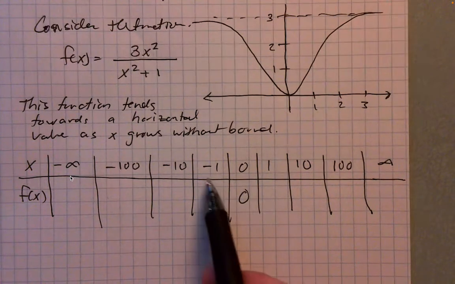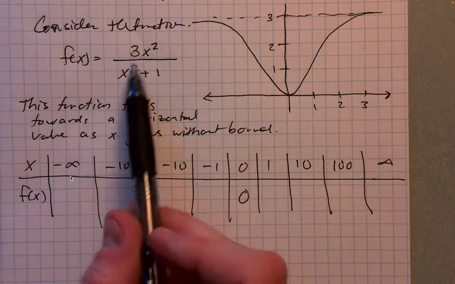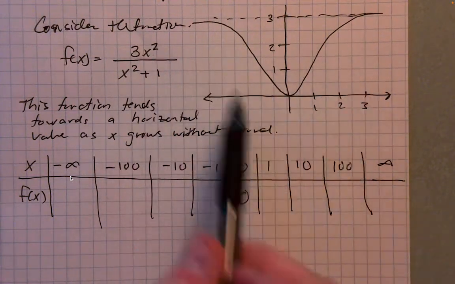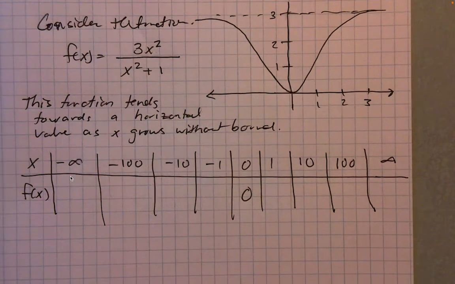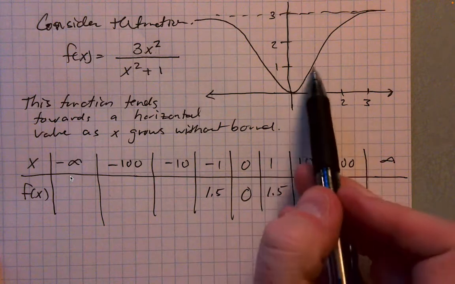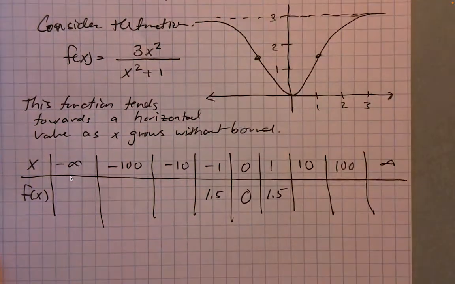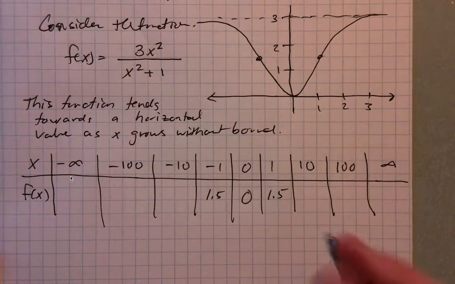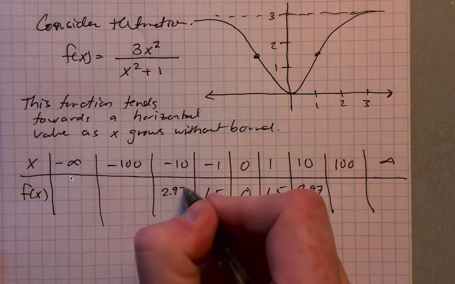Now, when you plug in negative 1 and positive 1, notice the arguments are squared, so you can see in the plot that they mirror each other. Negative values will have the same value as their corresponding positive input. So when we plug in 1 and negative 1, we get 1.5, 1.5, and that bears out here. When we plug in 10, we get approximately 2.97, and 2.97.